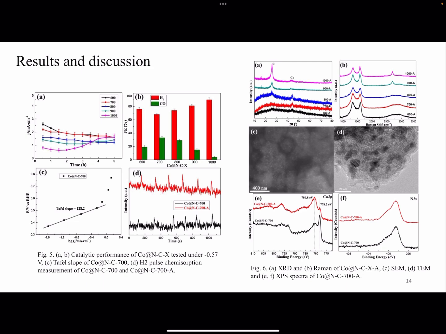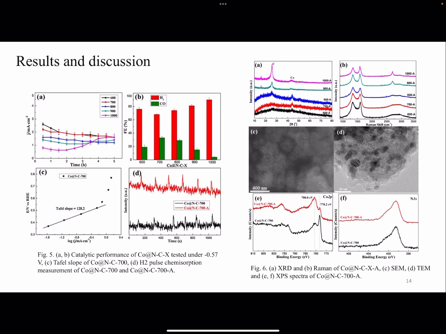This means that the aqua regia selectively removed the more reactive, disordered carbon, leaving a more conductive and stable graphitic framework. And morphological observation by SEM and TEM images shows that the surface cobalt particles had been mostly removed.